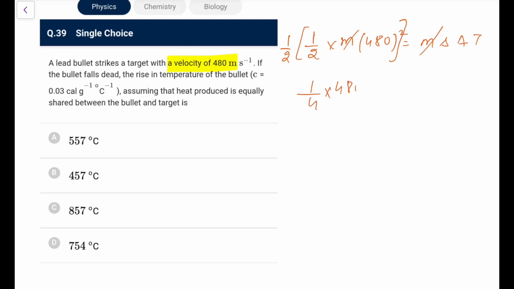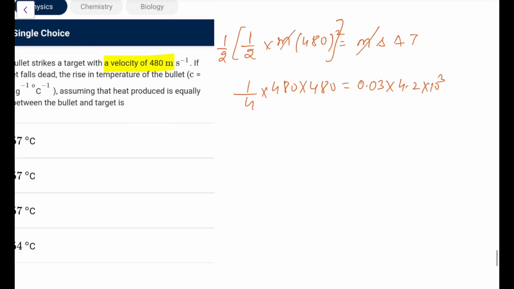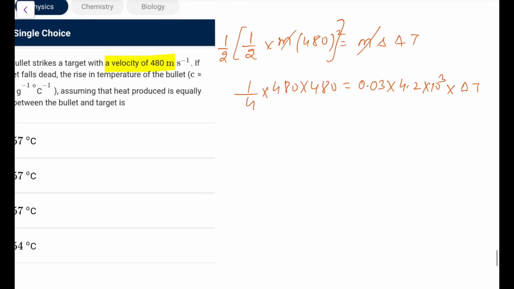1 by 4 into 480 into 480. Now what is the specific heat? Specific heat is given as 0.023 calorie per gram. Okay, 0.03 calorie per gram. So I can write it as 0.03. Instead of calorie, I can write 4.2 joule per gram, that is into 10 to the power 3 joule per kg, standard unit, into delta T. So delta T now comes out as 480 into 480 upon 4 into 4.2, and if I nullify all this, it would be 30.